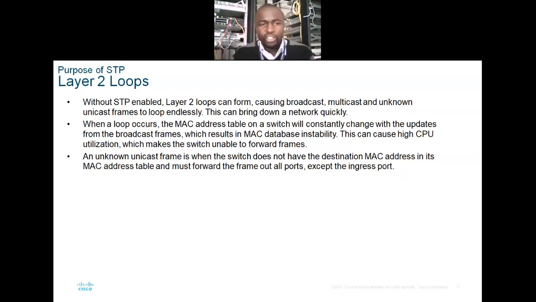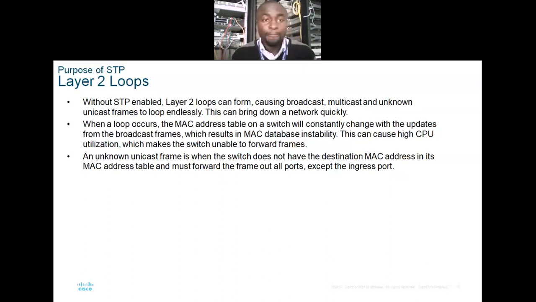So an unknown unicast frame is when the switch does not have the destination MAC address in its MAC address table and must forward the frame out through all ports except the one it came in. For instance, I have a switch that connects multiple devices.